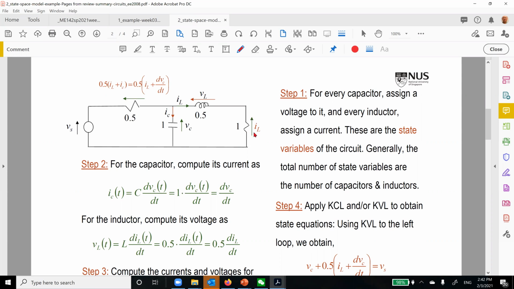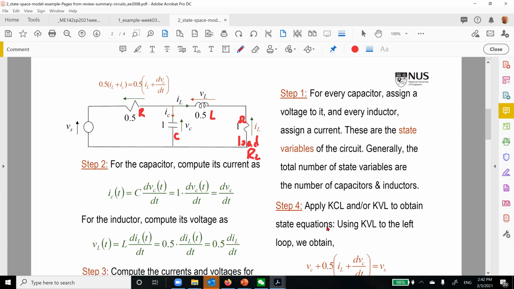Sorry, this is the inductor. This 1 ohm is supposed to be a load, sorry. So this is R, this is C, this is L, and this is also R, but this RL is a load.